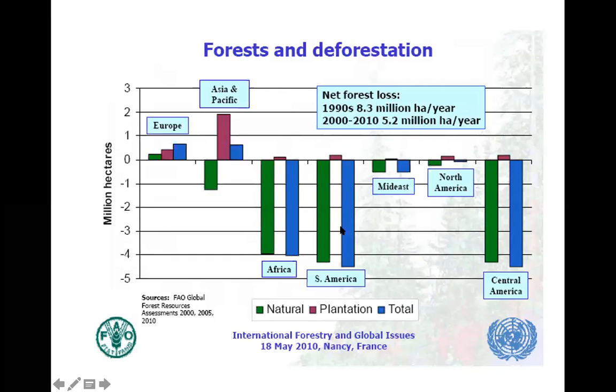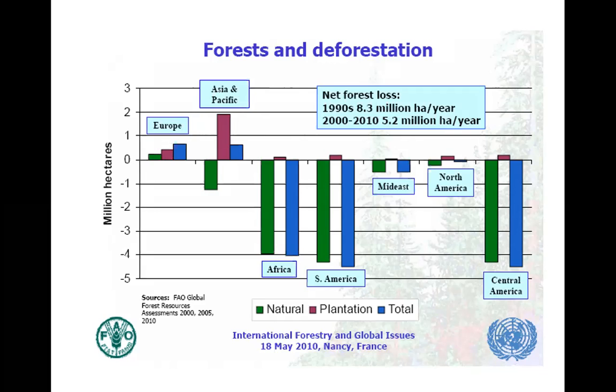You can see green, natural, this brown plantation, and blue total. In Europe, you can see the plantation and natural forest are positive, and they are also playing a good role.